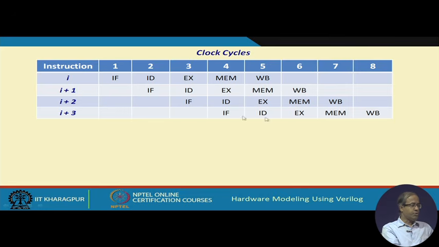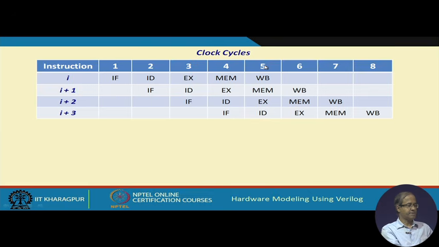Now, in pipelining what we do, when the first instruction I moves from IF to ID, the next instruction in sequence can start IF. So, in time step 2 the first instruction is in ID, then the next instruction is in IF. In the third step the first instruction has moved to EX, second in ID and third in IF. In this way, in the fourth step MEM, EX, ID, IF.